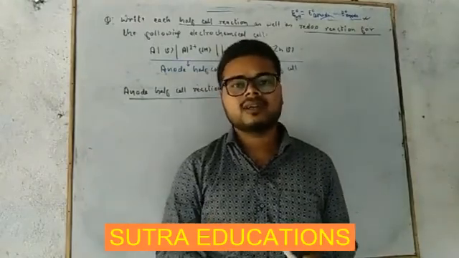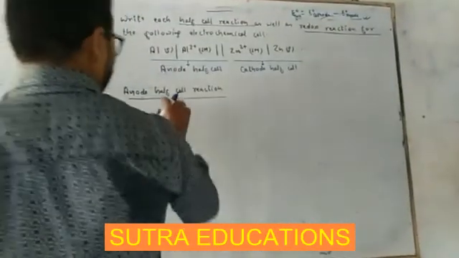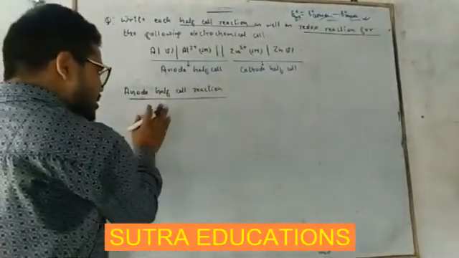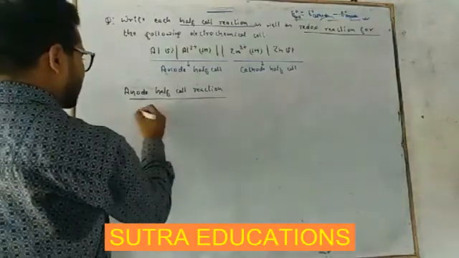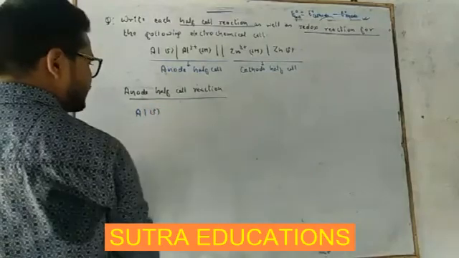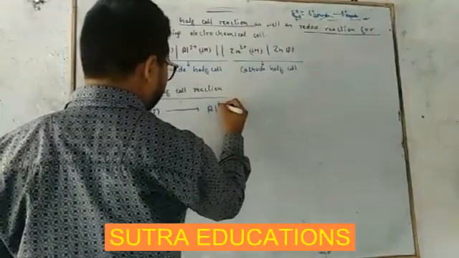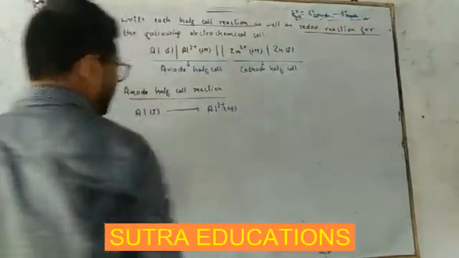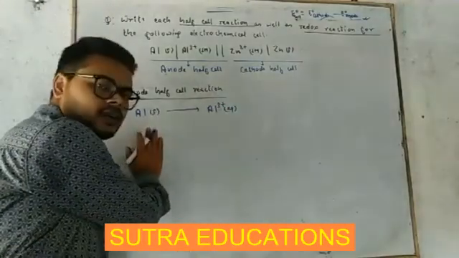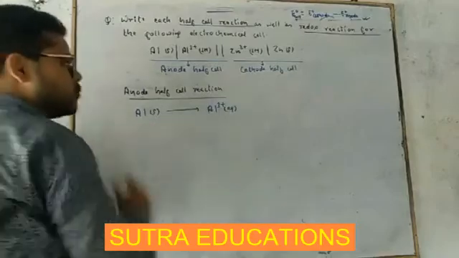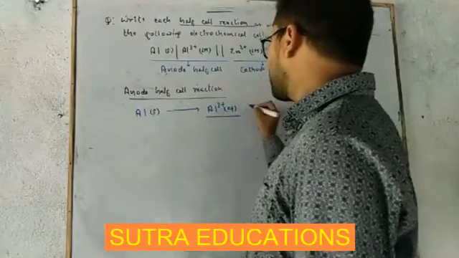Aluminium is solid, and oxidation of aluminium has to take place. So aluminium will lose its 3 electrons to form aluminium 3+ aqueous plus 3 electrons.